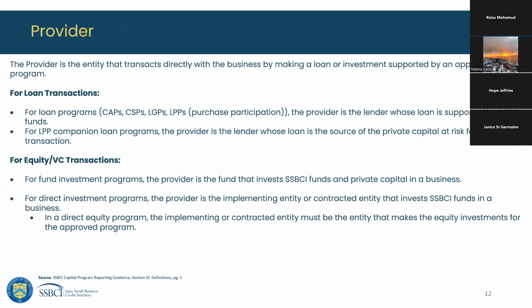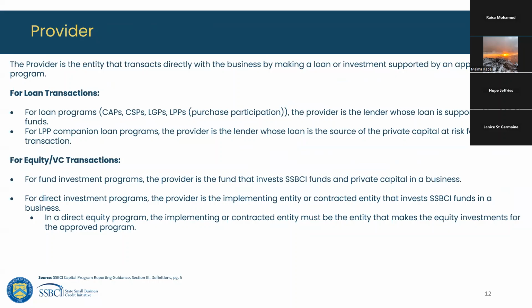Okay, so here we're going to get into the provider. The provider definitions are listed in our reporting guidance, so I won't go into each of the definitions, but I do want to highlight for the companion loan programs that the provider is the lender whose loan is the source of private capital at risk for the transactions.